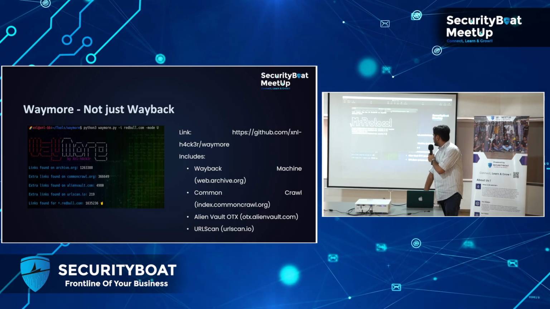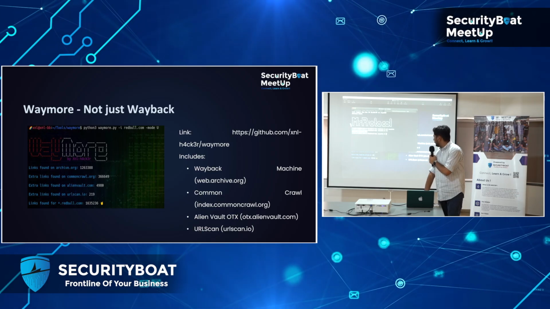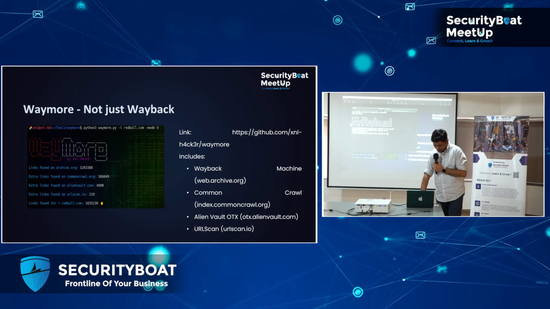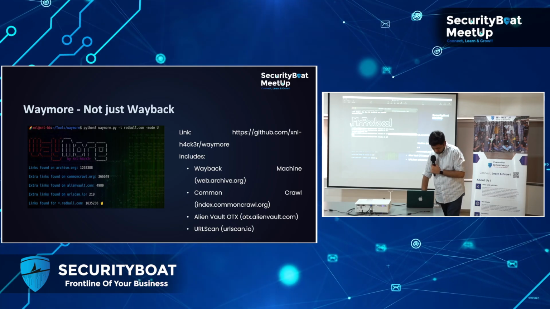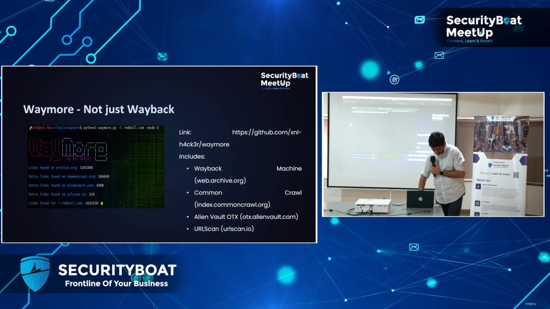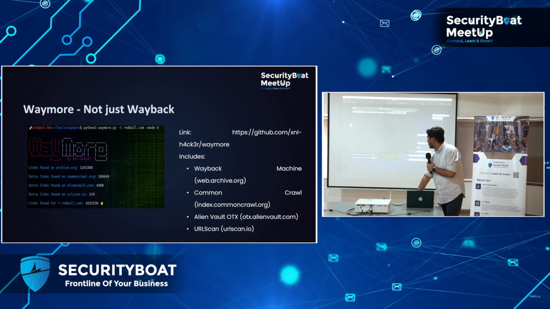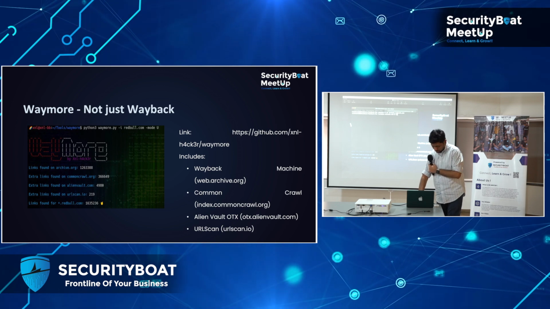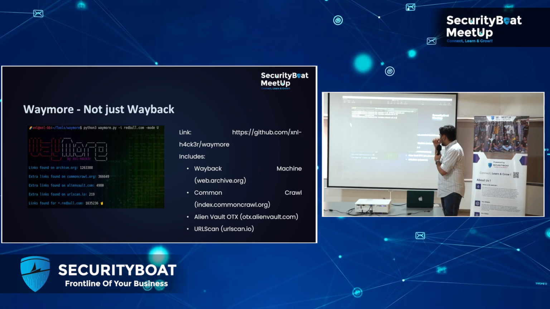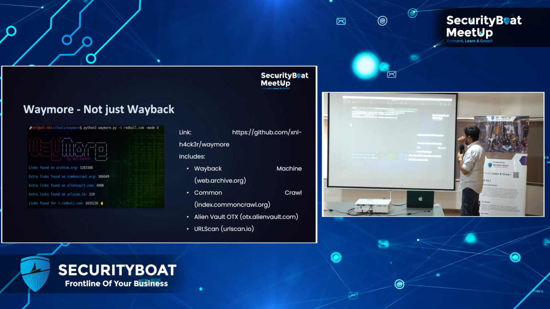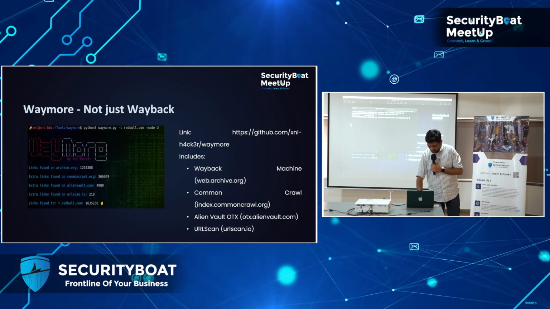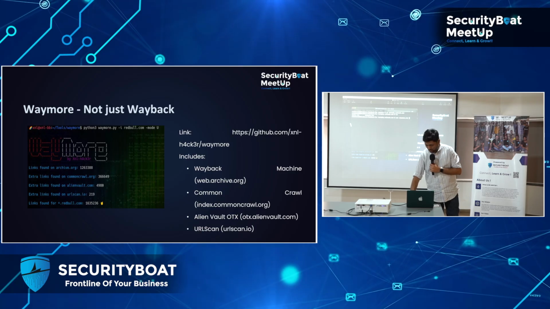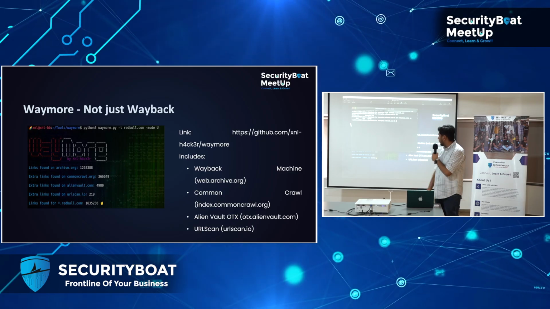All right, while this is taking time, I already have one for testphp.vulnweb.com, so I'm just going to show it to you. We have a file called waymore.txt, and let's use wc to find the number of items.